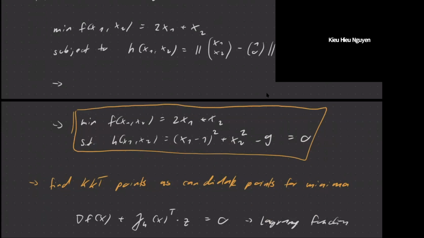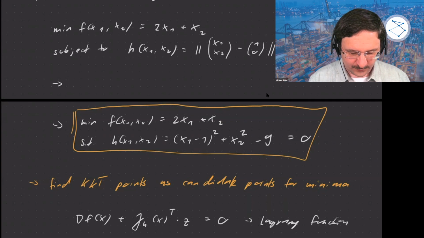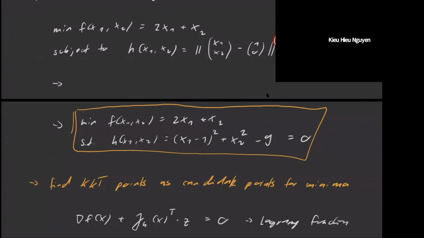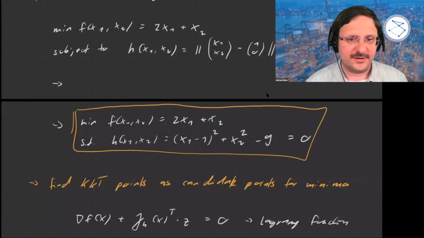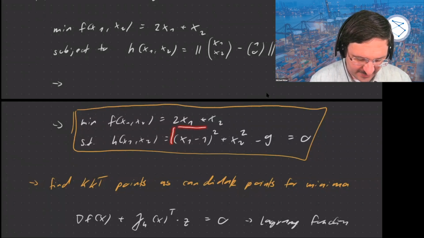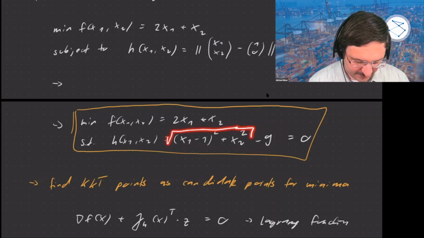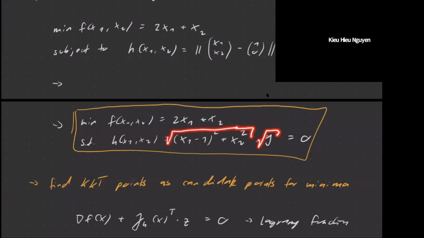But why would we just take the square? So it becomes x1 minus 1. Why am I taking squares here instead of just leaving it as it is? Yeah, so the reason basically is I get an expression like this instead of an expression that involves square roots. I could also have something like that, of course.